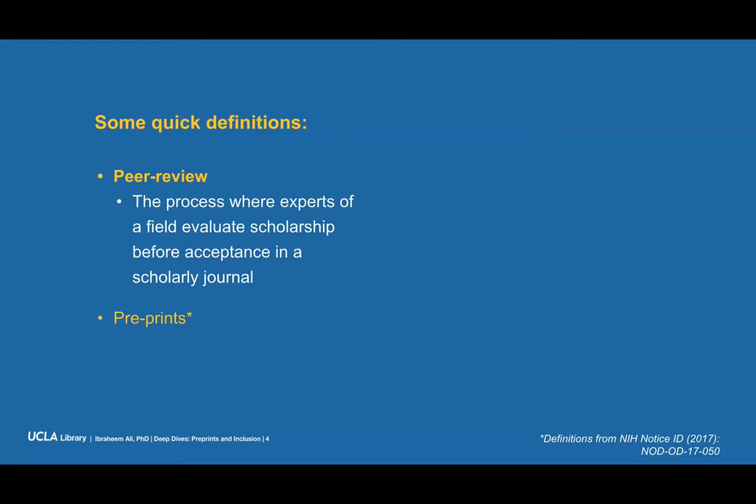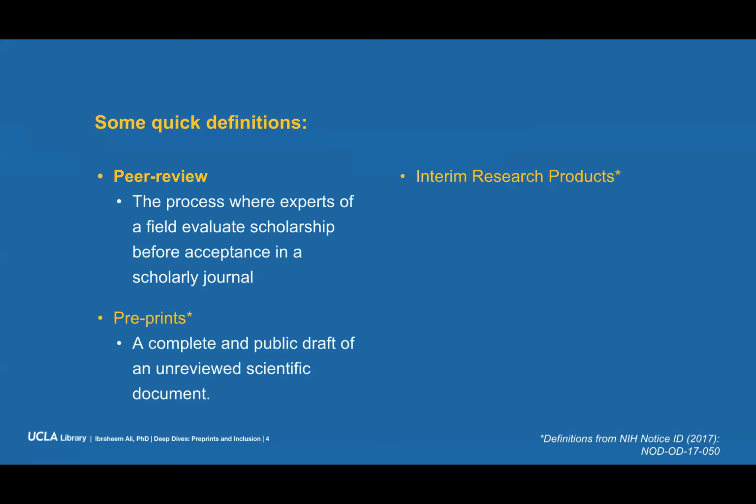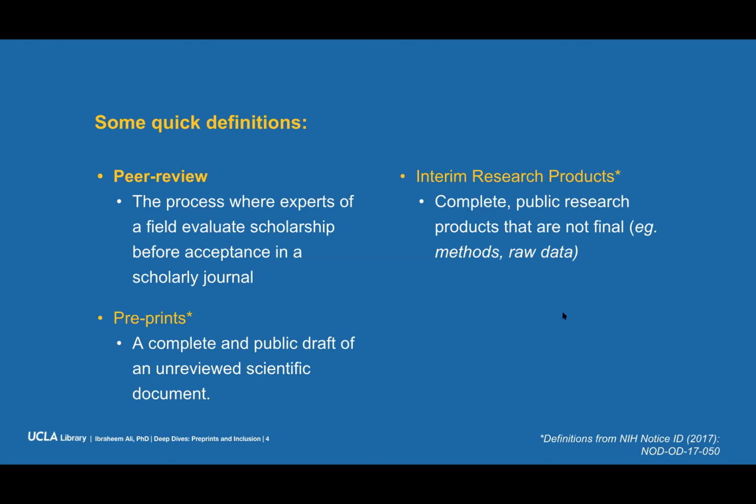And then I'm going to define preprints, which is a complete and public draft of an unreviewed scientific document, and interim research products, which I think of as a cousin to preprints, which are complete public research products that are not final, for example, methods or raw data. Importantly, I pulled the definitions of preprints and interim research products from an NIH notice that some of the folks on this call might be familiar with.